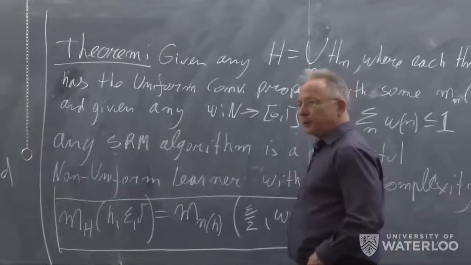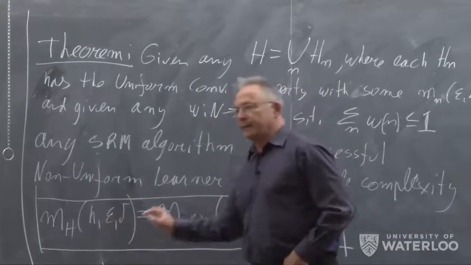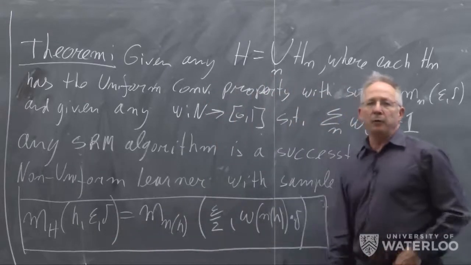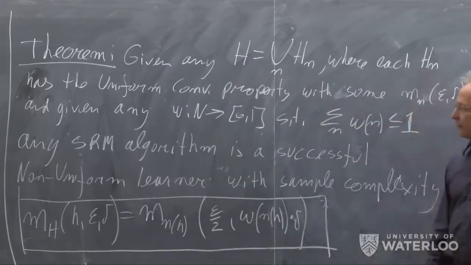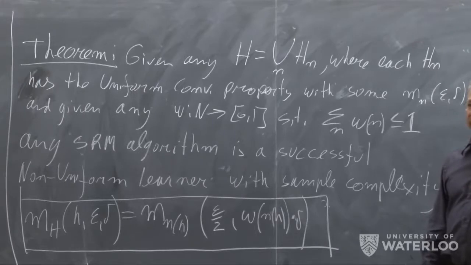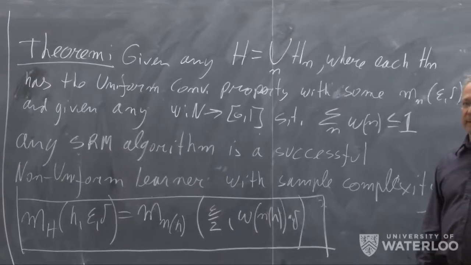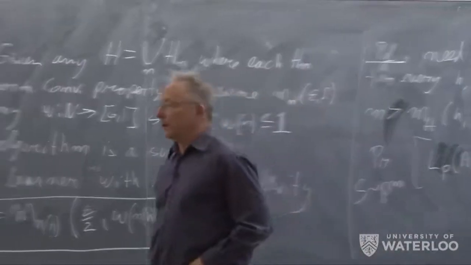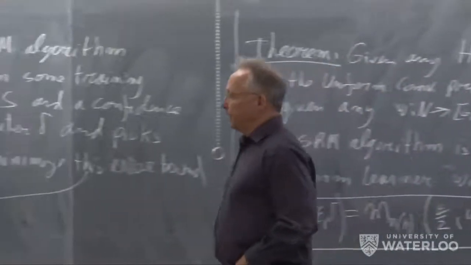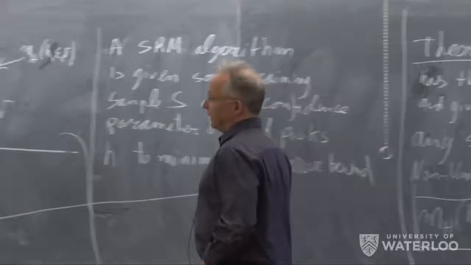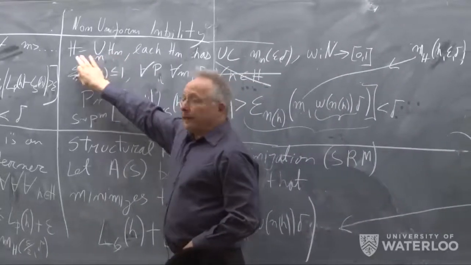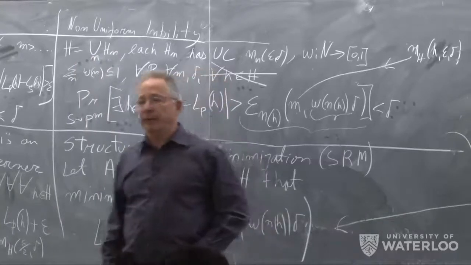It does non-uniform learning with a sample complexity that depends not only on epsilon and delta, but also on how complex is the H that you are competing against. OK, so this ends our proof that if a class is a union of finite VC classes, then it is non-uniformly learnable.